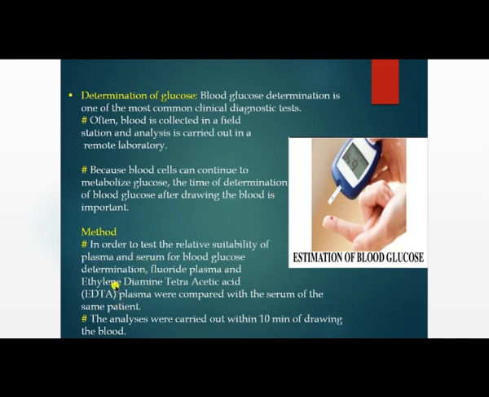Here the plasma is taken with EDTA, and that EDTA plasma we compare with the serum of that patient. The analysis was carried out within 10 minutes of drawing the blood.